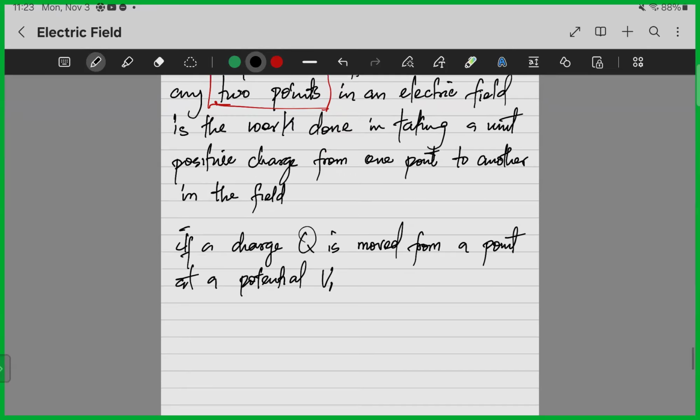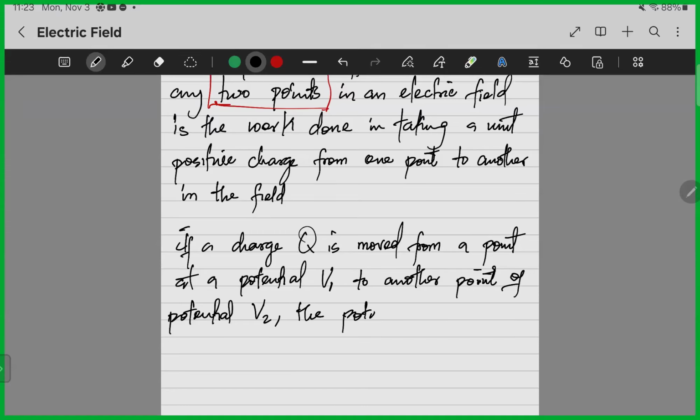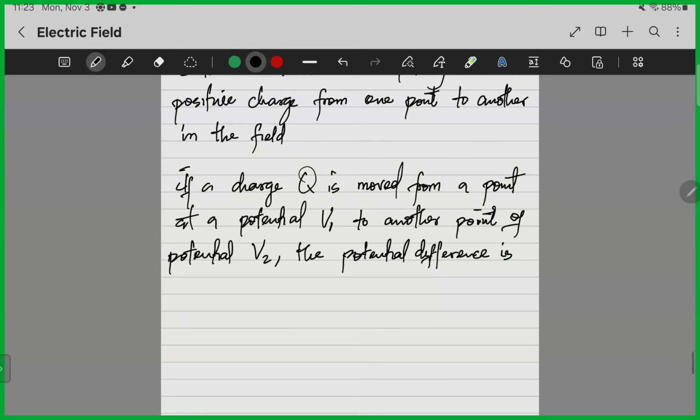So if a charge Q is moved from a point at potential V1 to another point of potential V2, the potential difference is given by the work done.